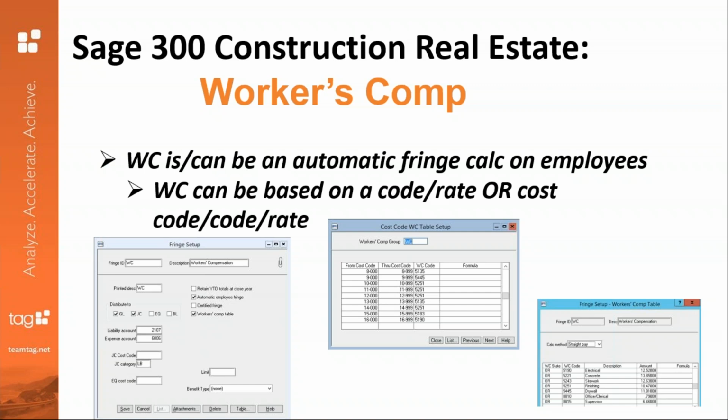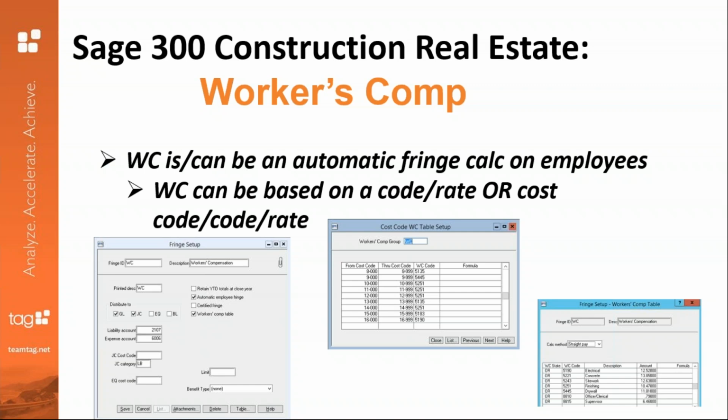So we set up our fringe, we put in our cost code ranges, and then in each of those ranges, we assign different codes. So that way, if you've got Bob working on a job, he's doing different kinds of work, different kinds of cost codes, you can more accurately track your workers' comp values on that versus just giving him X amount for each job. So it will find the cost code range, it puts in the code, and then it goes to the third picture on the right, says, okay, where's my state? What's this code? Okay, here's my amount that I put in.